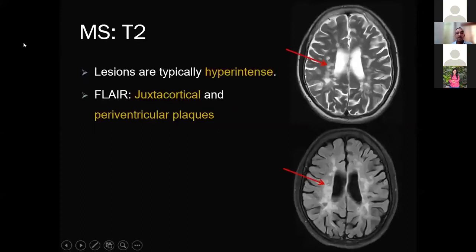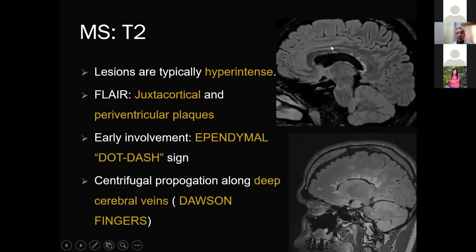The classical lesions in multiple sclerosis are multiple ovoid lesions in the periventricular white matter or the juxtacortical white matter, or the early involvement may be seen in the form of involvement of the callososeptal interface with the dot-dash appearance, or there is a centrifugal propagation of the perivenular demyelination, which are seen as Dawson fingers.